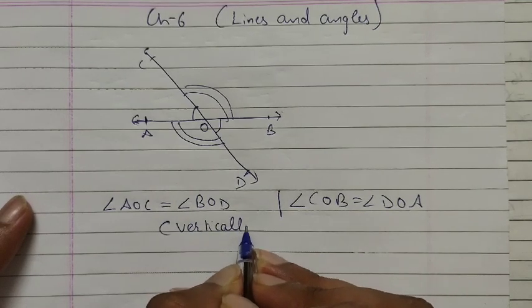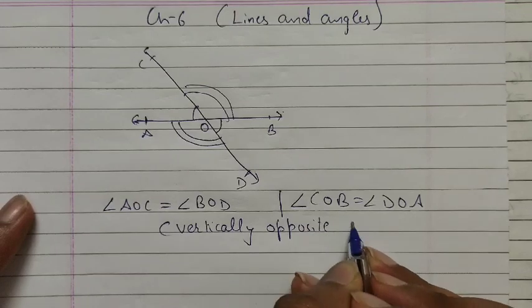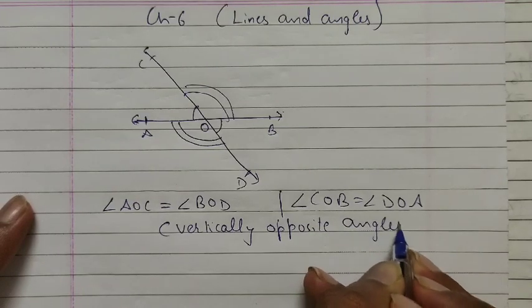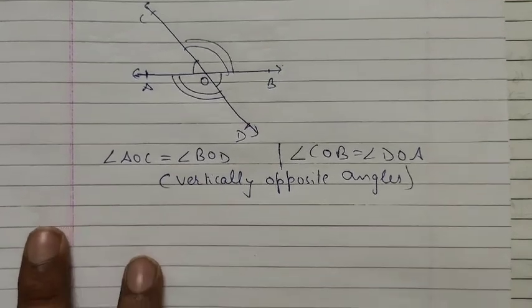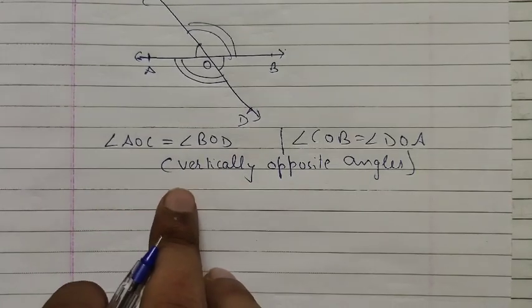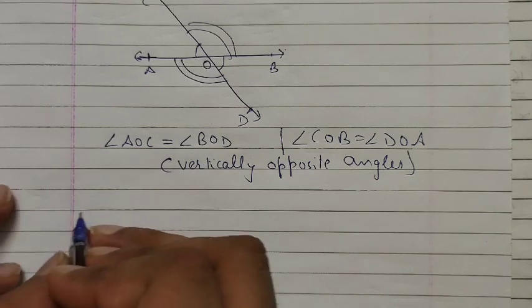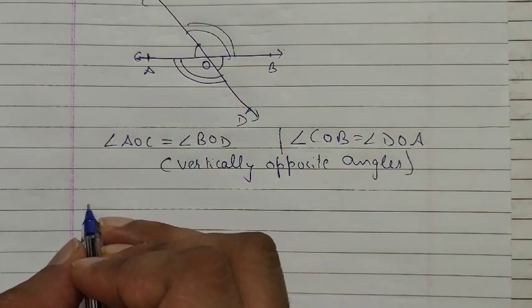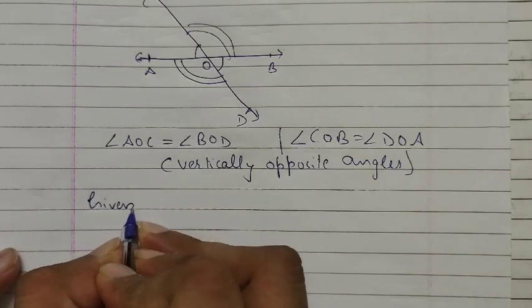Vertically opposite angles. So sometimes it may be asked in the exam: prove that vertically opposite angles are equal. So how can we prove it? We have to follow three steps. Firstly, we have to show what is given to us.